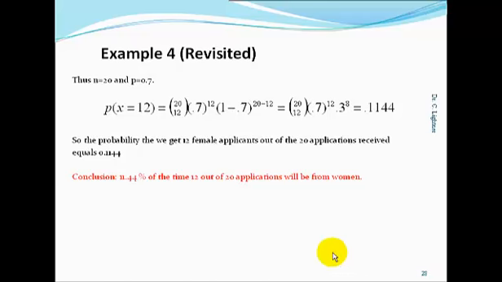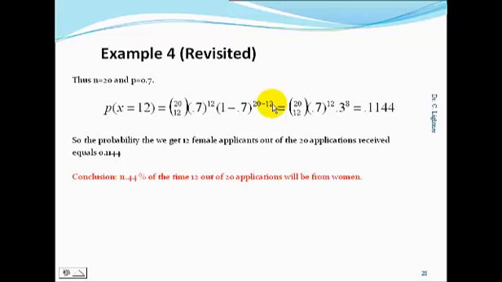Here we are trying to compute the probability of having x equals 12 successes. So in our formula we have n, which is 20, choose x, which is 12, times p, which is 0.7, to the x power, which is 12, times 1 minus p, which is 0.7, to the n equals 20 minus x equals 12 power.